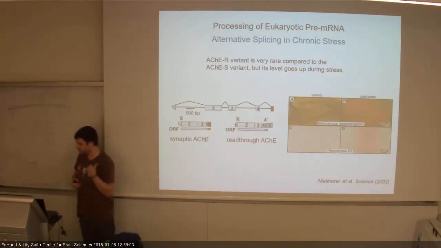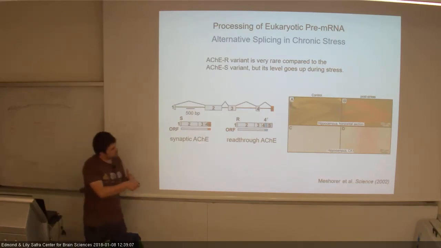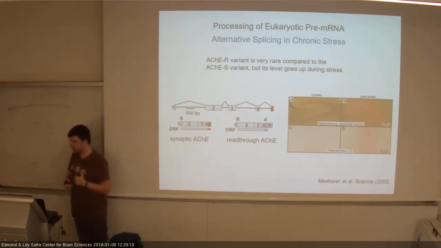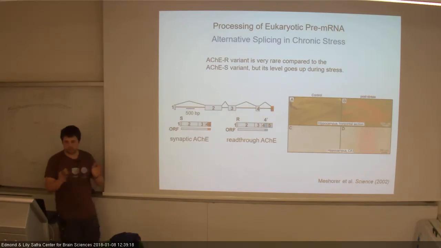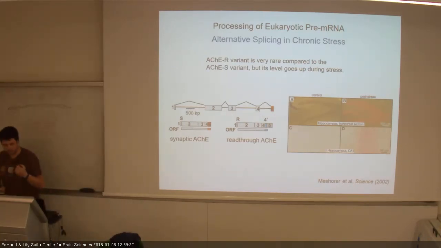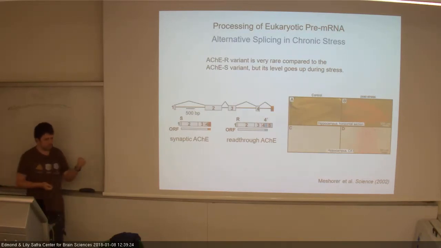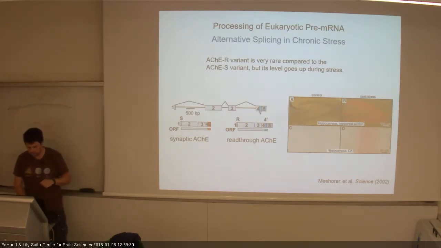This is one of the interesting examples in which this read-through variant of acetylcholinesterase was not seen before in any case, not in different cell types or other organisms. It was only found under stressful conditions. So alternative splicing is not only restricted to different cell types, but also to different cellular conditions.